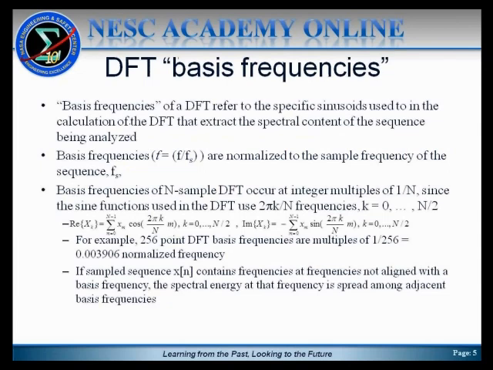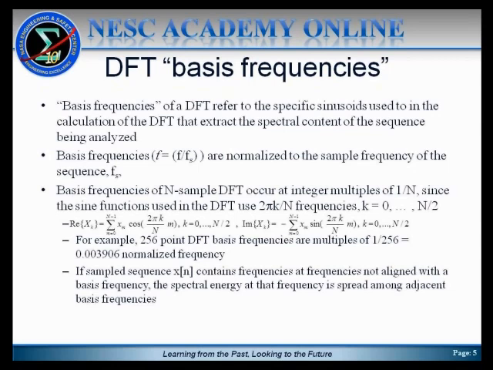Basis frequencies of a DFT refers to the specific sinusoids used in the calculation of the discrete Fourier transform coefficients that can then be used to extract the spectral content of the sequence being analyzed. Those same basis frequencies, by the way, are also used in what's referred to as the synthesis equation, if you want to take discrete Fourier transform coefficients and recreate the time sequence that created them in the first place.